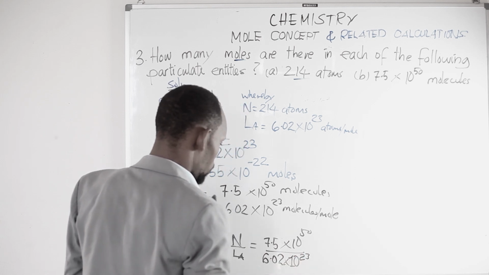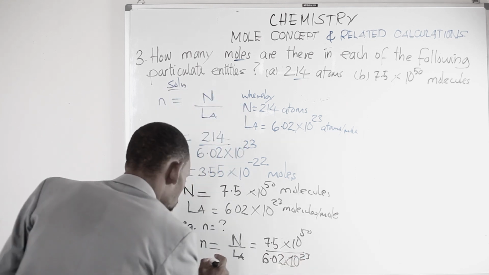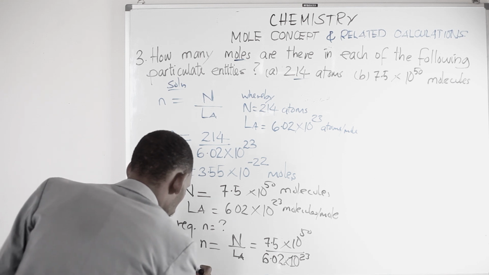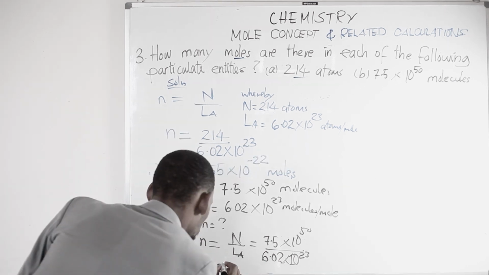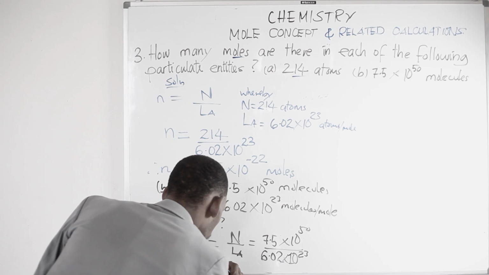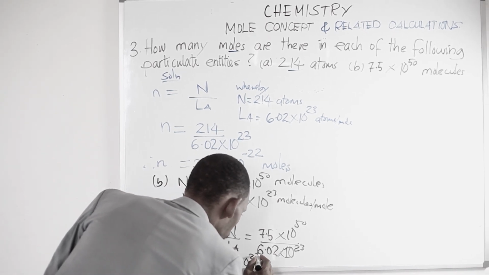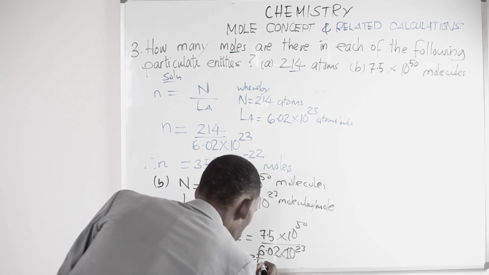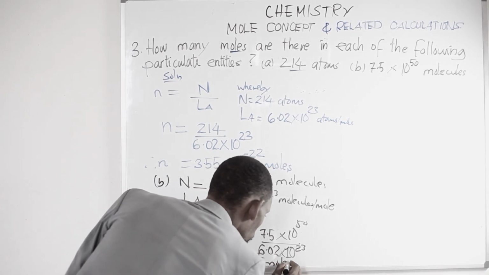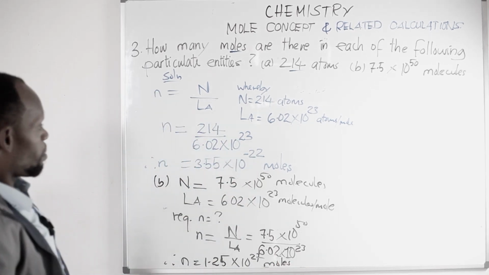Dividing this, you will find that the number of moles is equal to 1.25 times 10 exponent 27 moles. That is question number 3.